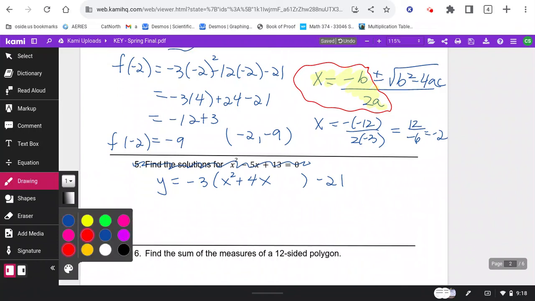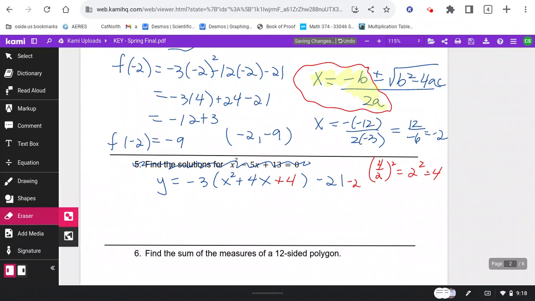So then we do the b work. 4 divided by 2 squared is 4. So we add 4 and subtract 4. But we have to remember that it's 4 negative 3 times.